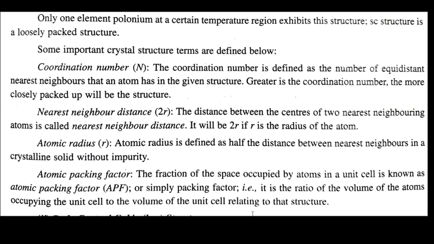So some important crystal structure terms are defined below. Coordination number. The coordination number is defined as the number of equidistant nearest neighbors that an atom has in a given structure.